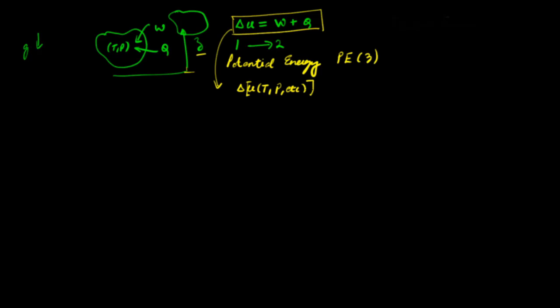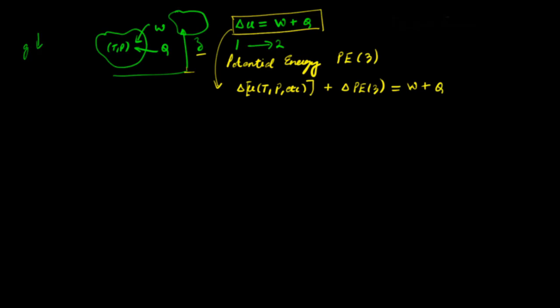And this is the change in internal energy. Plus, now we'll add the contribution of potential energy. So we'll say the change in the potential energy, and that is equal to the work done on the system and the heat transferred to the system.